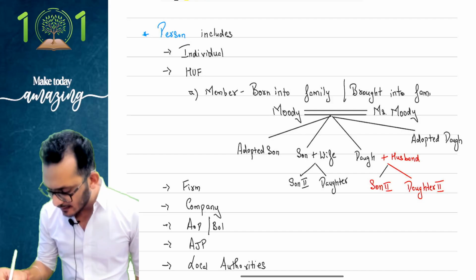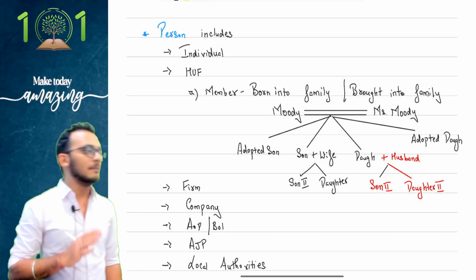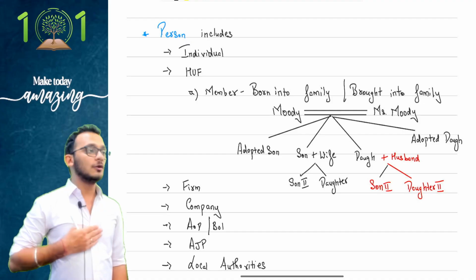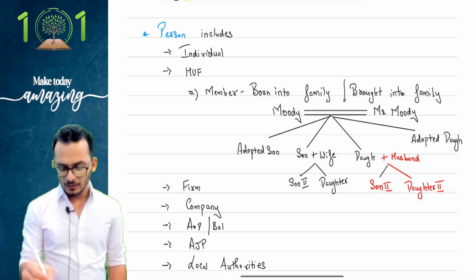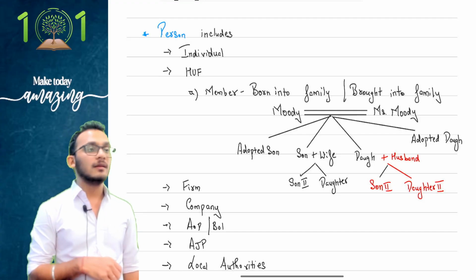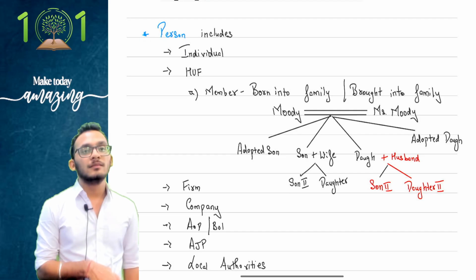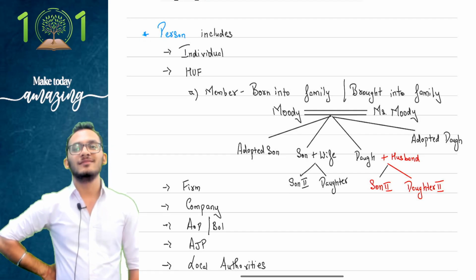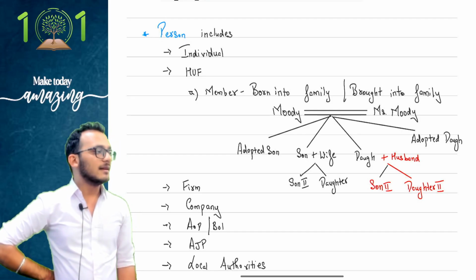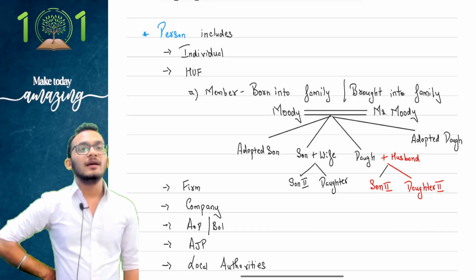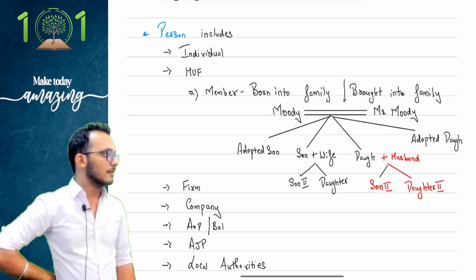Now with this understanding, I already know my members. I want to know who is the karta, who is the co-parcener. Don't have this understanding that only Mr. Moody can become a karta. It is very well possible that Mrs. Moody can become the karta as well.